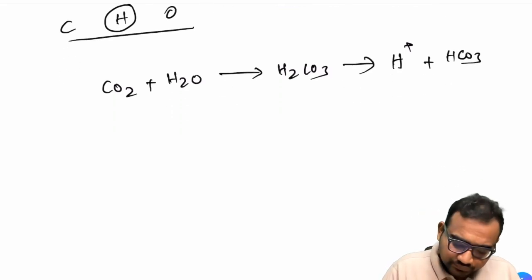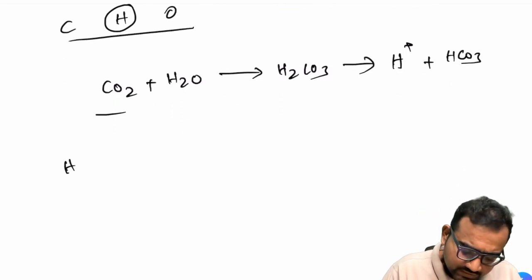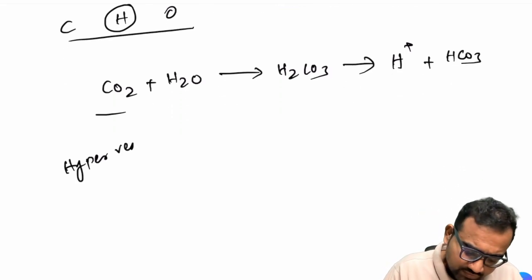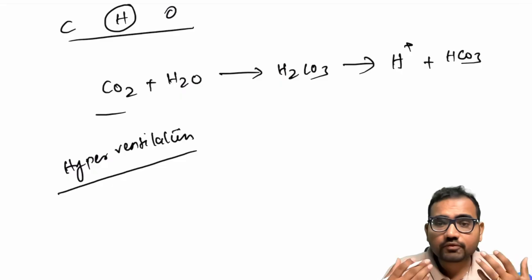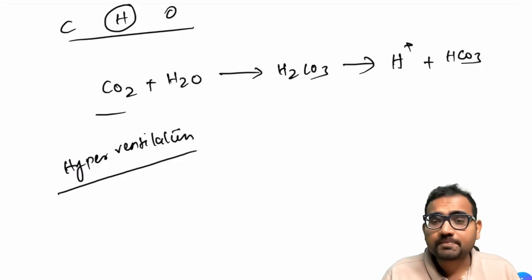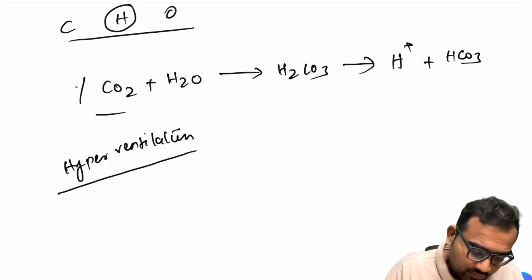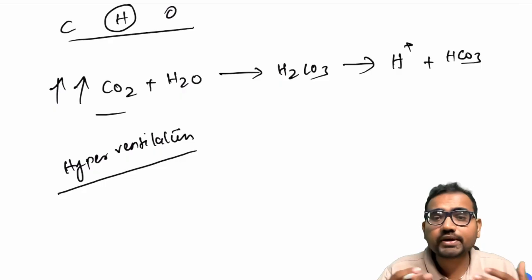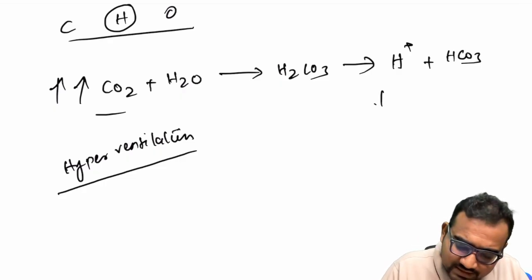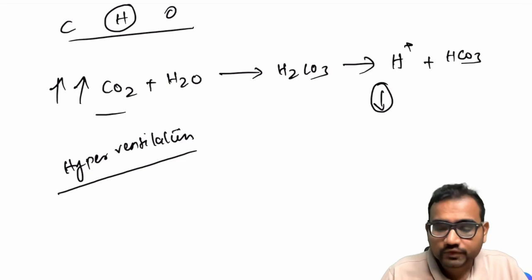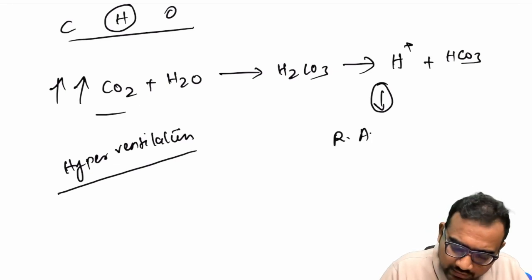Now what happens if the patient is having hyperventilation? What is hyperventilation? More fast breathing takes place. So there is more carbon dioxide moving out. When more carbon dioxide is moving out, less hydrogen is formed. So there is going to be respiratory alkalosis.